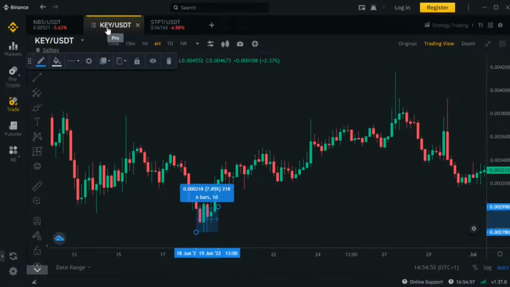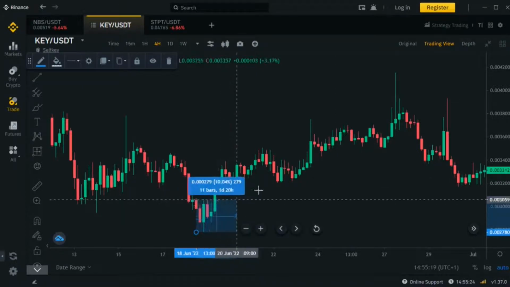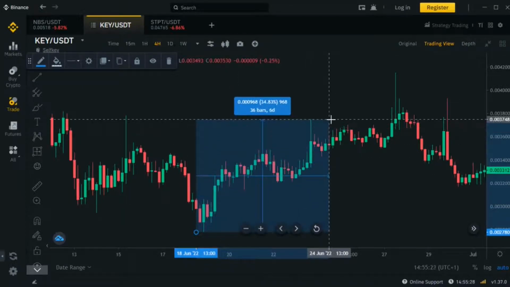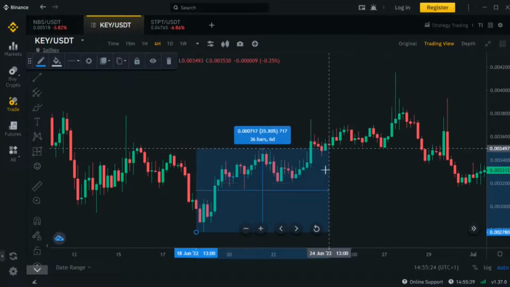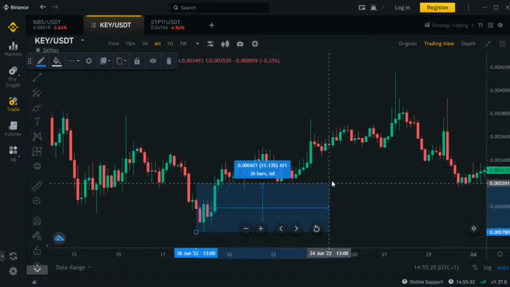Moving on to the next crypto ticker symbol, KEY. The most current bullish trend section of the KEY USDT cryptocurrency pair started from the lowest level of this green candlestick bullish trend starter, which is 0.00278, and bounced up by 34% and then dipped back down to 15%.